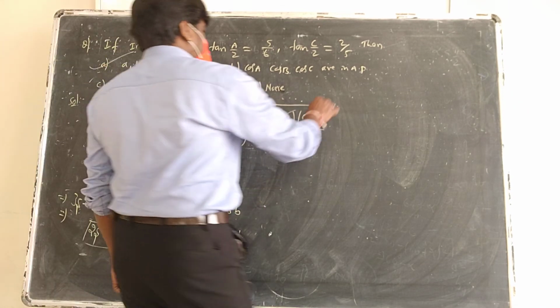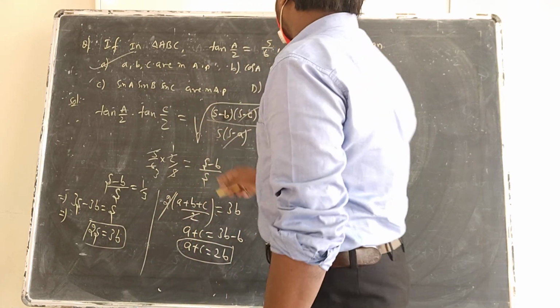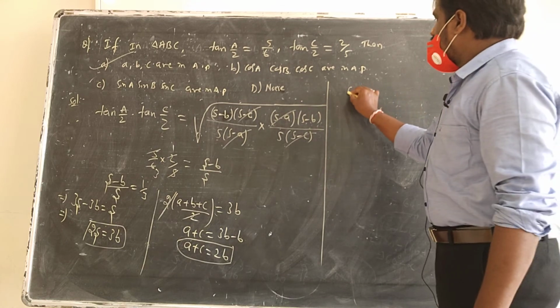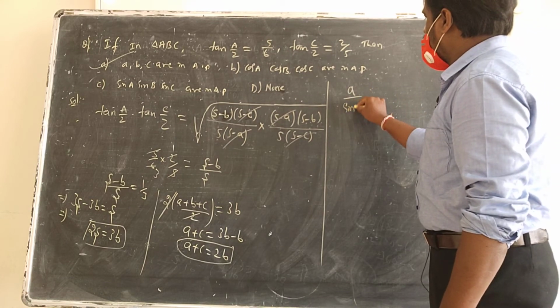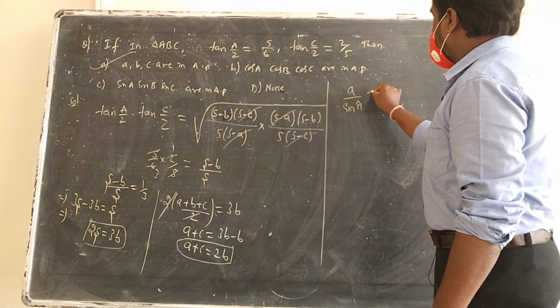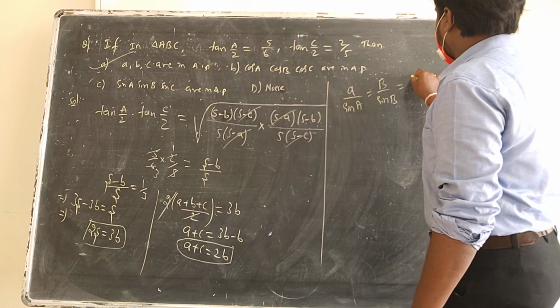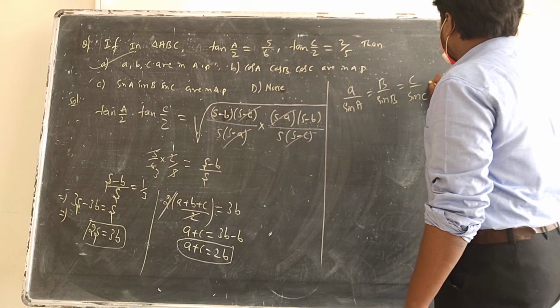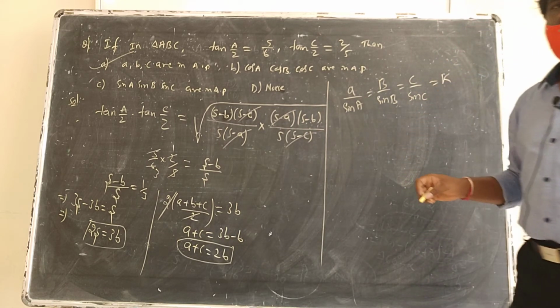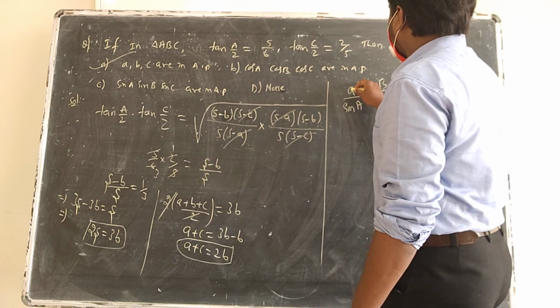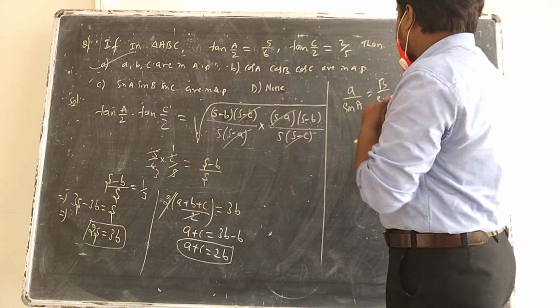But let's see here, are sin A, sin B, sin C also in AP? Listen here, A/sin A is equal to B/sin B is equal to C/sin C is equal to K, we have the formula. According to this, we can write sin A/A also, no problem.